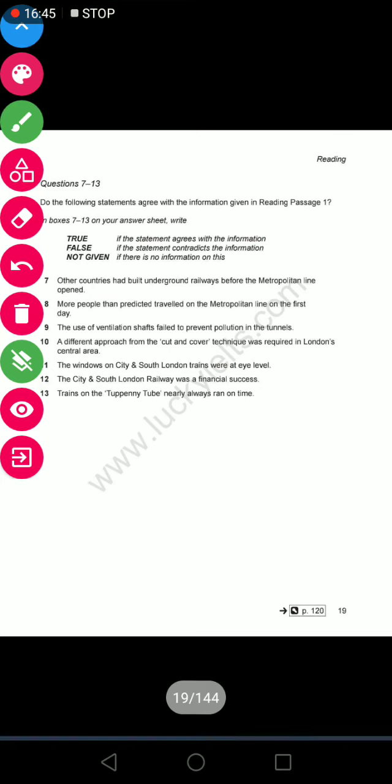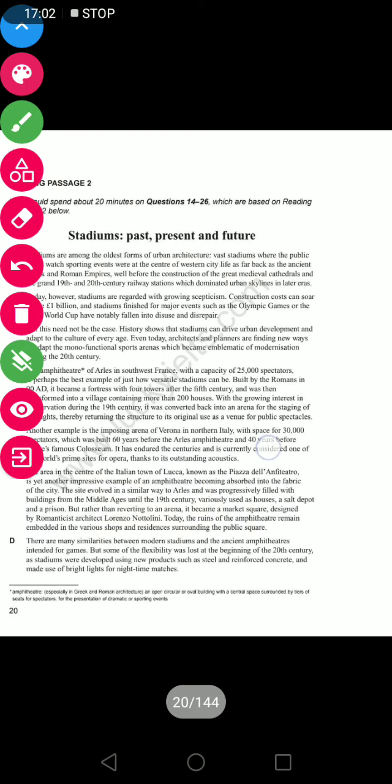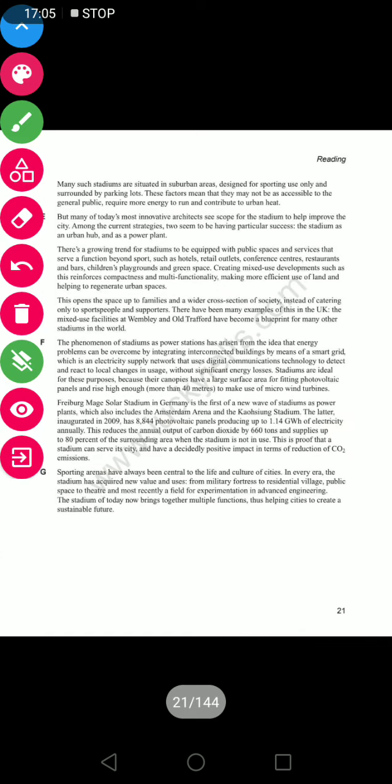And if there is some extra information in the statement, but that information is not mentioned in the passage, in that situation your answer will be not given. So I advise students who only want band 6, you can focus on true false type questions and fill in the blanks type questions, because with these we can easily check and find out the right answers.